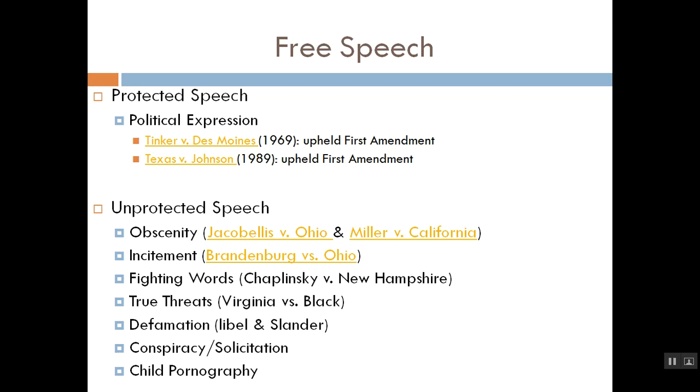The next thing they have to do is figure out whether it is all right for the government to censor that speech. There are some cases in which you can censor speech that would usually be protected. And there are some cases in which you can't censor speech that would otherwise be unprotected.